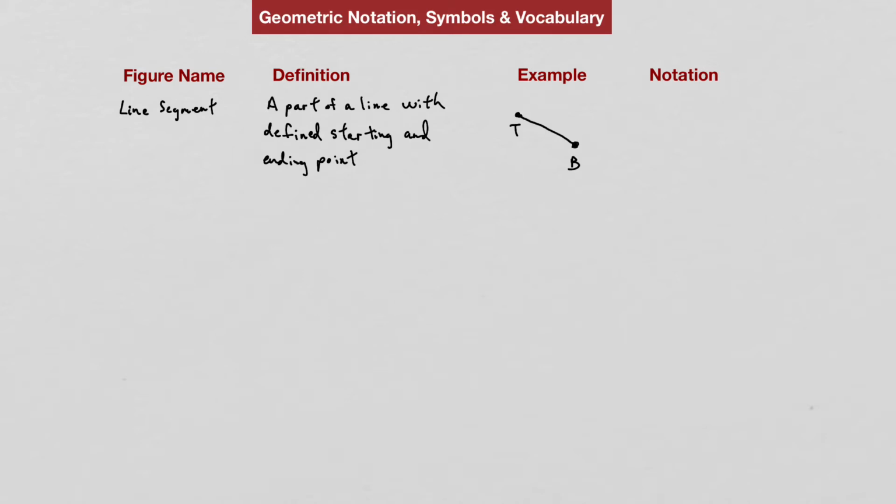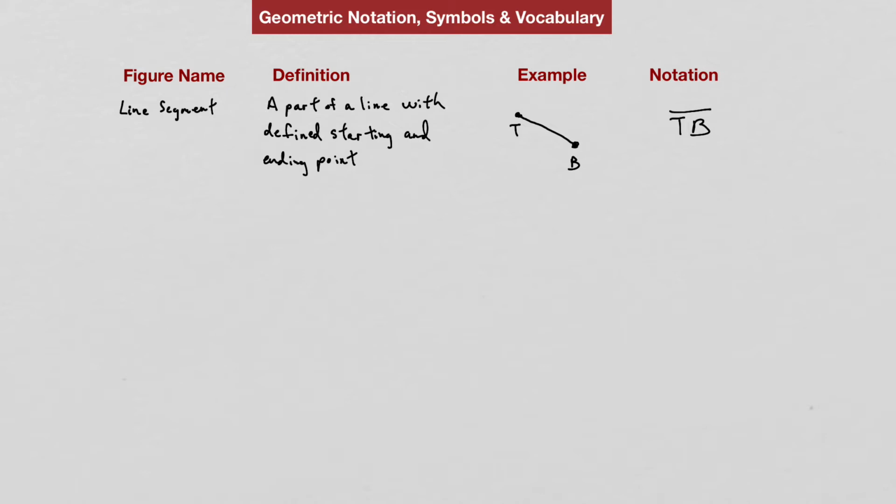You have point T connected to point B, and you notice that it is finite. It does not extend infinitely in opposite directions. And then the notation would look like this. You write the letters TB, which are your points, and then a bar over it. Unlike the line where you had arrows above the points, here we just have a line without the arrows.